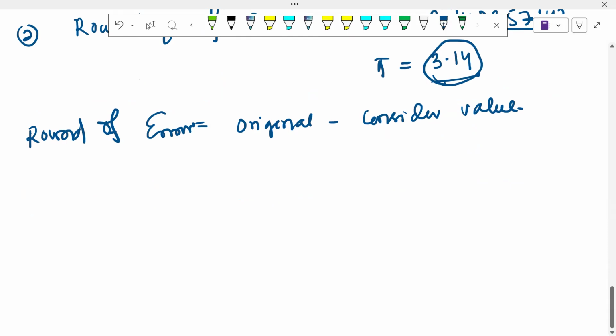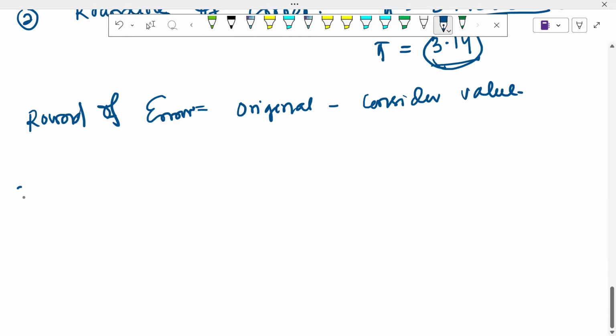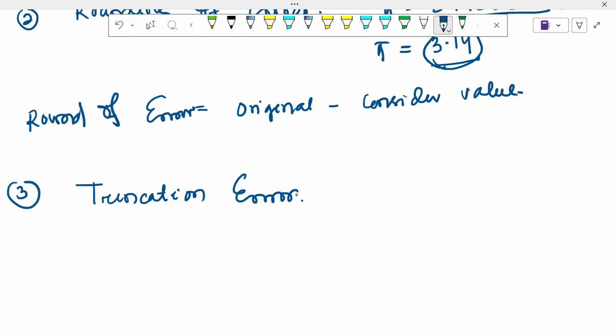Another is truncation error. What is truncation error? Approximate results obtained on replacing an infinite process by a finite one.